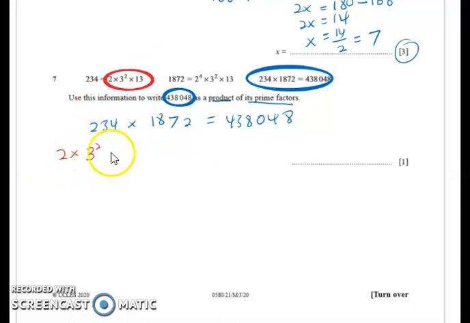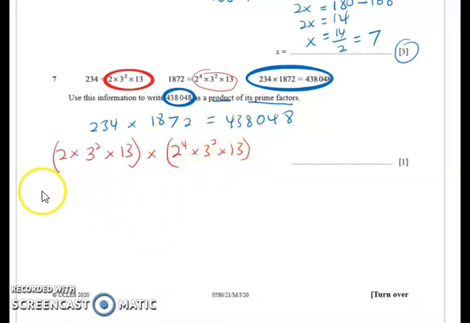We substitute 13 for the first part, and then for 1872 we replace this one here, 3 squared times 16. Then we have to perform the indices calculation here. 2 is 1 here, 4 here, so 1 plus 4, we are getting 2 to the power 5.